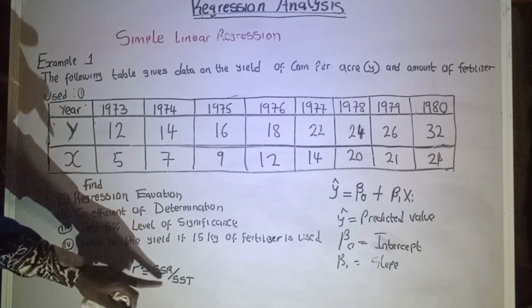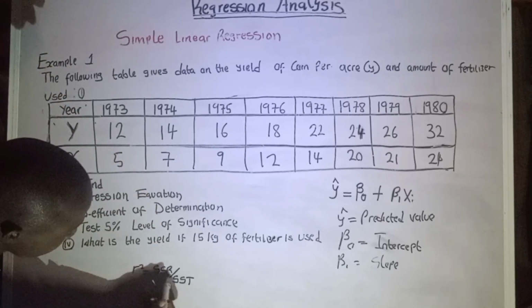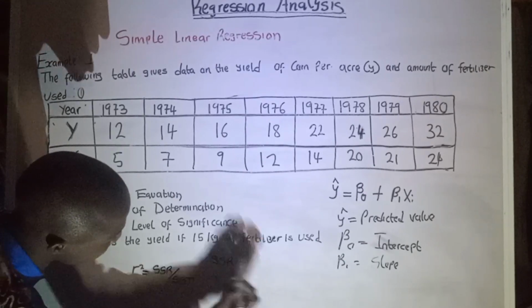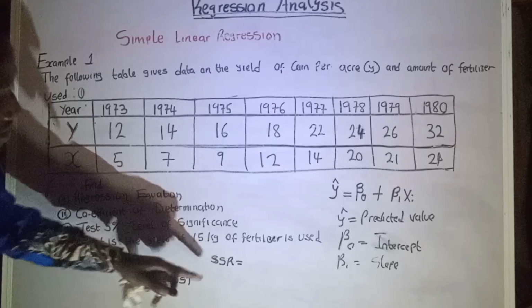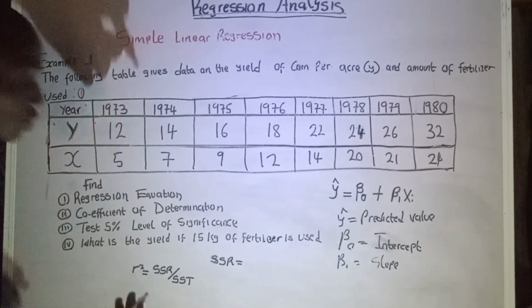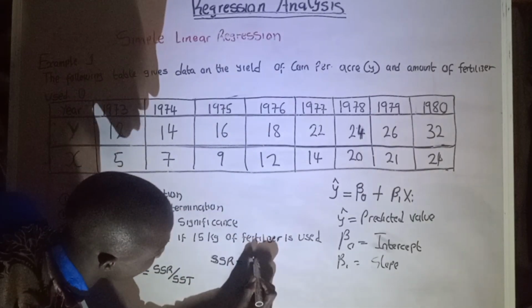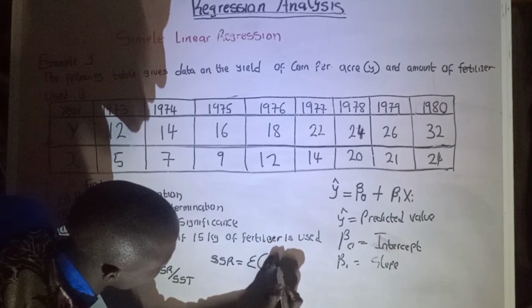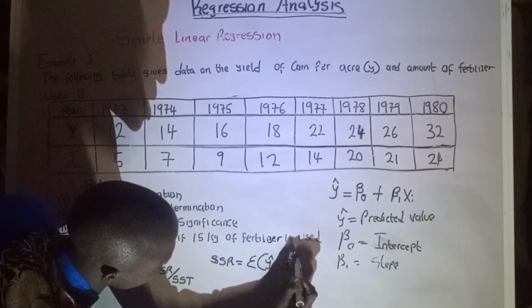This SSR that you see here means the sum of square due to regression, and it can be represented by this formula: the summation of the predicted value of y minus the mean value of y, into bracket square.